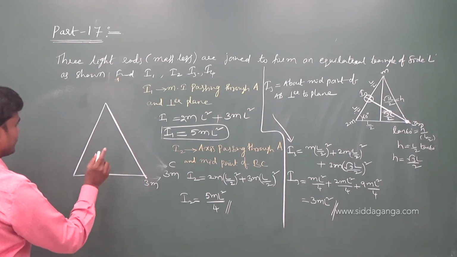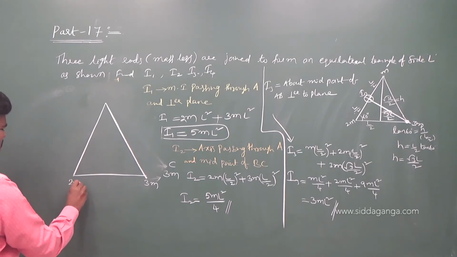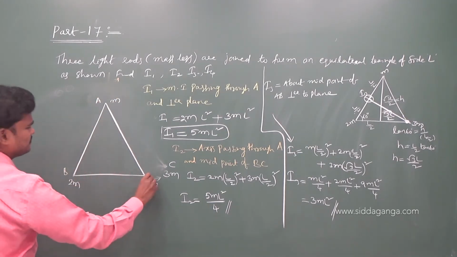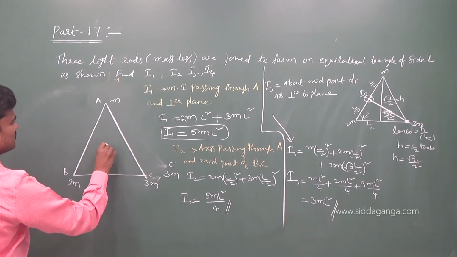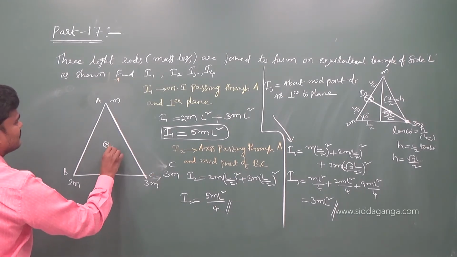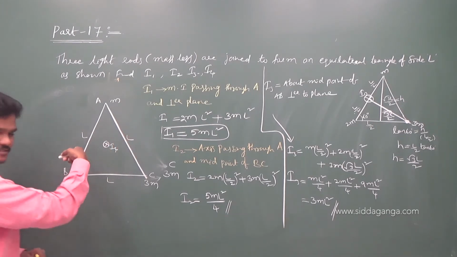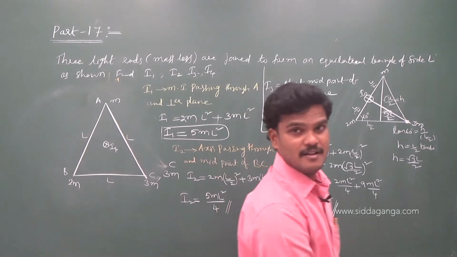Same diagram, with 3m, 2m, m, and A, B, C. Don't think this is different. Now this is the I4 target. L is the side. Got it? I put a cross symbol.